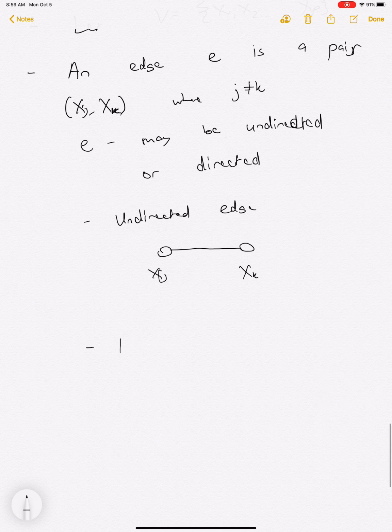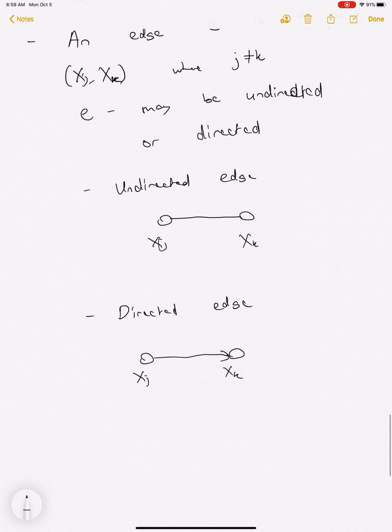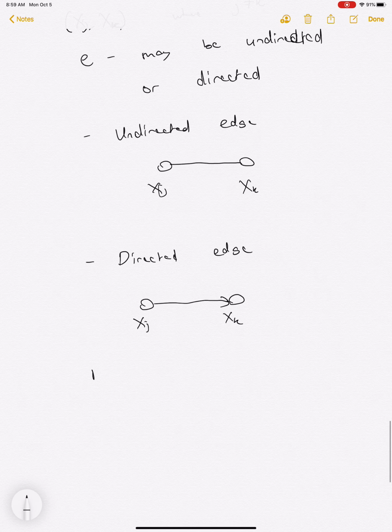But if you have a directed edge, then clearly xj to xk is directed. And note that xj, xk is not the same as xk, xj if you're in the directed edge setting.